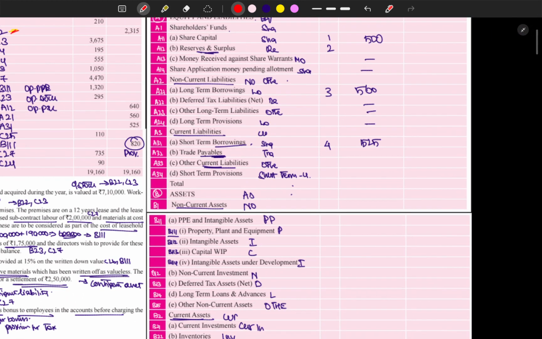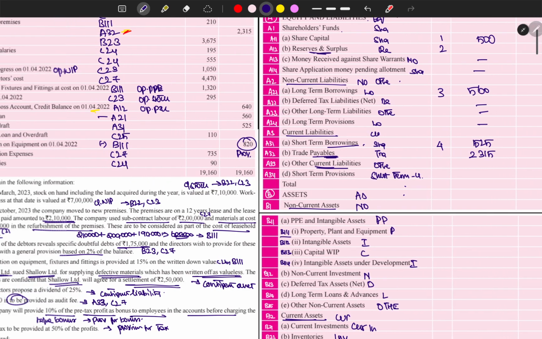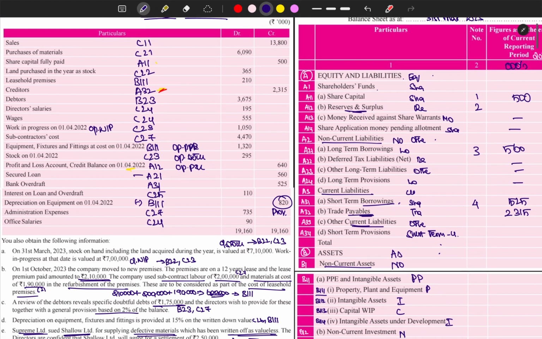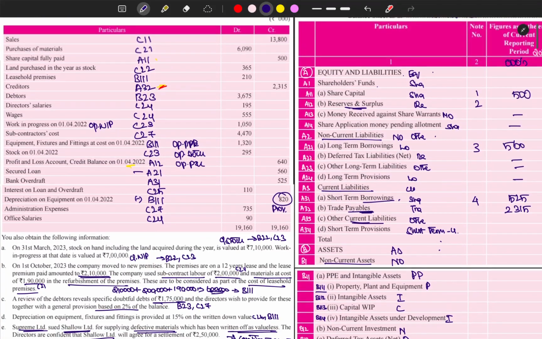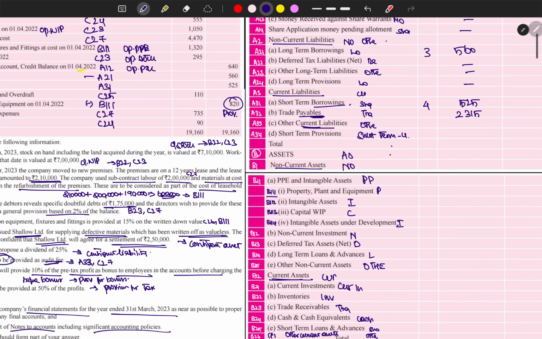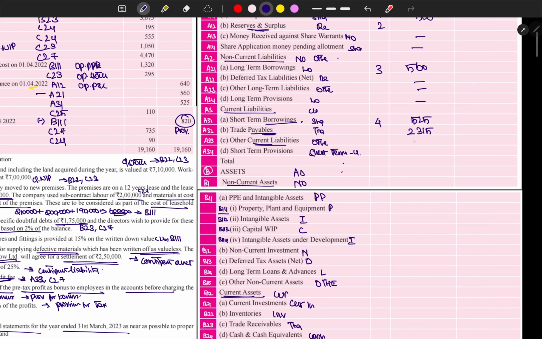Okay, 2315. Other current liabilities, which is A33. See, A33. Audit fee, which is 1 lakh, right? 100.